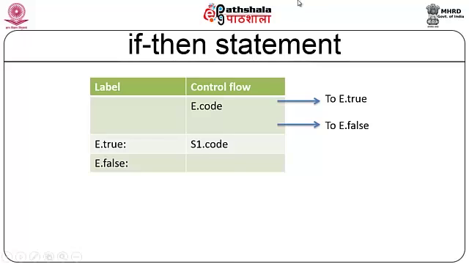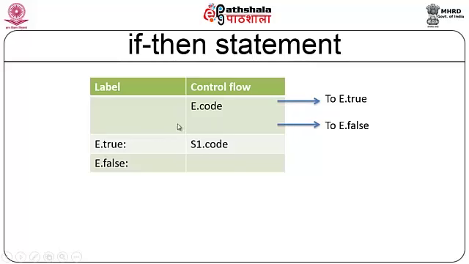So, based on that, we are generating here two labels, one corresponding to the true label, the other corresponding to the false label. You normally have a conditional jump which is part of a Boolean expression, and in that conditional jump, if it evaluates to true, you go to the true label.